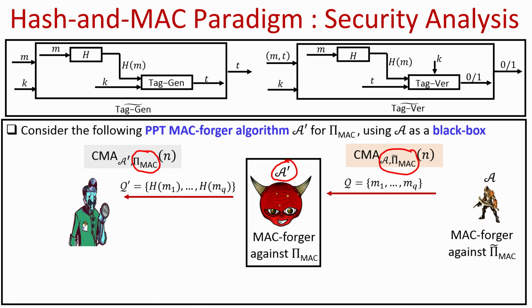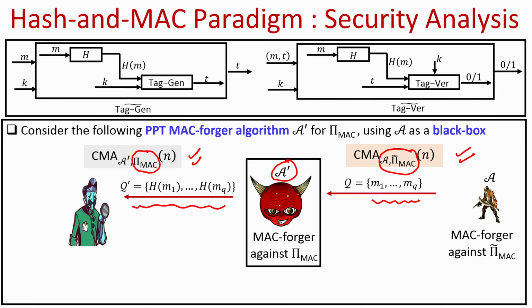So, the difference between the CMA experiment here and the CMA experiment here is the length of the messages. In the CMA experiment against the composed scheme, each of these messages m1, m2, mq could be of any length. But in the CMA game played against a fixed length MAC, the query set can consist of only messages whose lengths are little l bits.